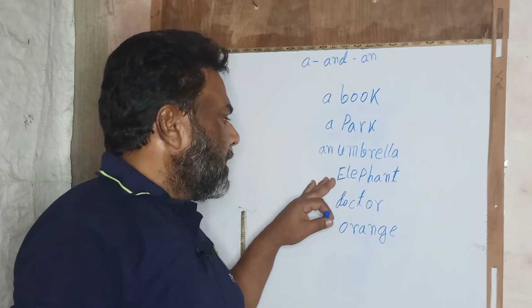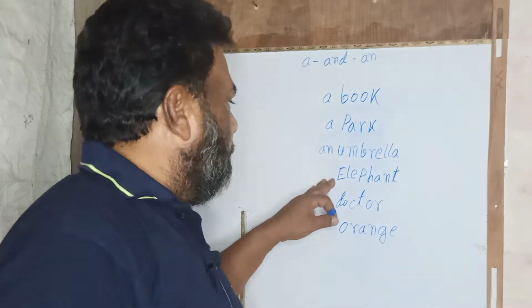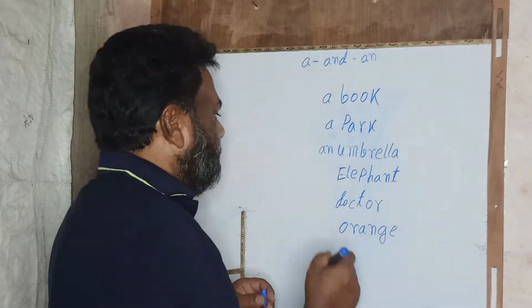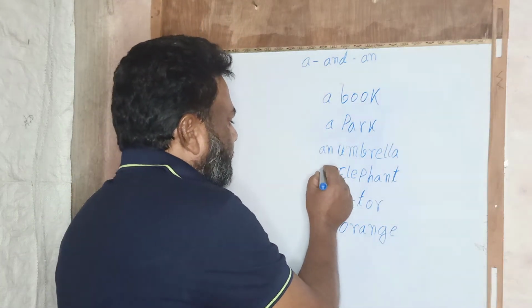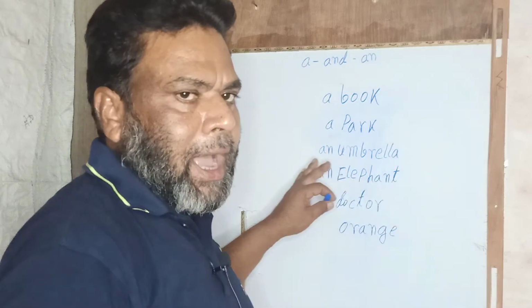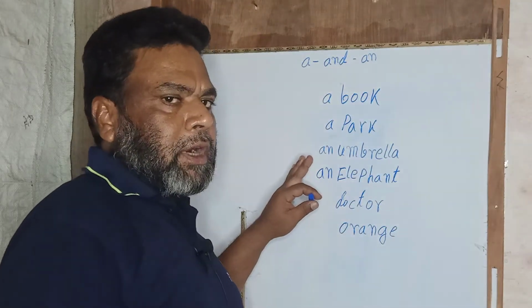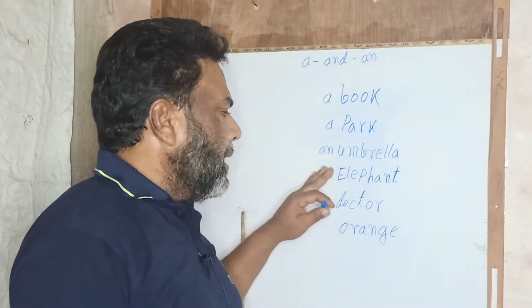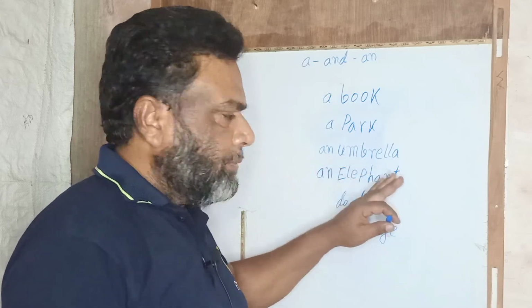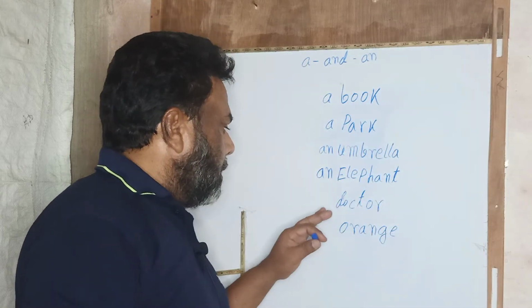Elephant also starts with E, a vowel, so here also we use an elephant. Say it like one word. An elephant, an umbrella, an elephant.